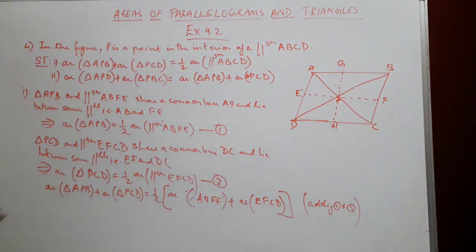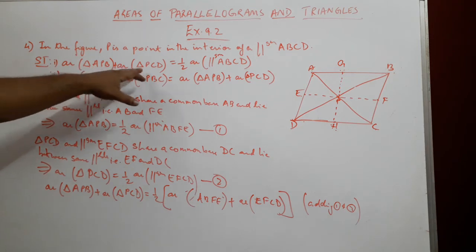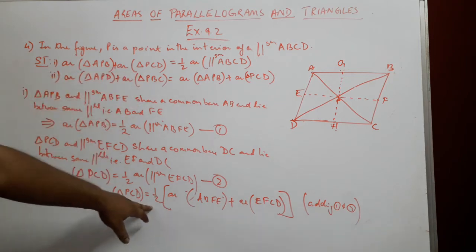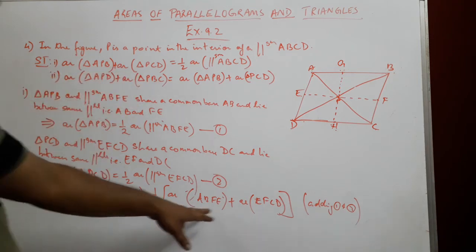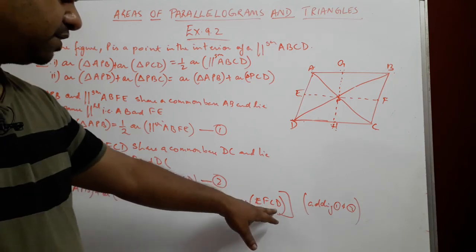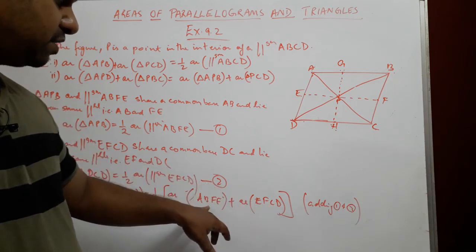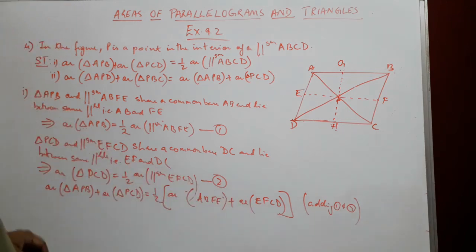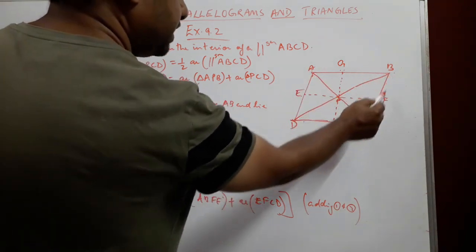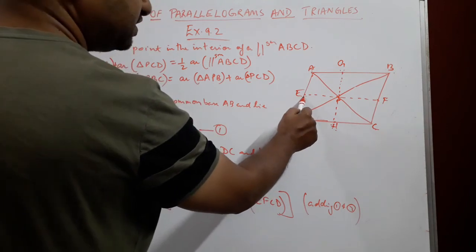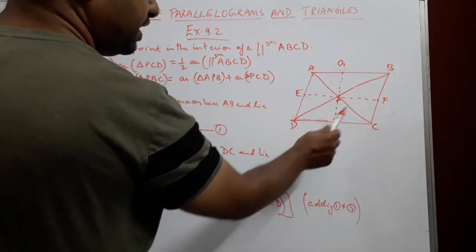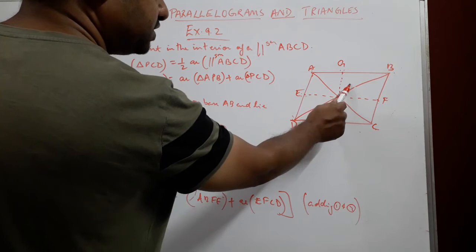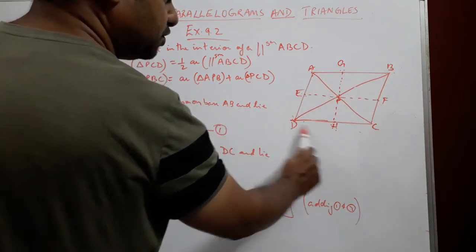So we have got the left side complete: area of triangle APB plus area of triangle PCD. On the right hand side, however, we've got area of parallelogram ABFE plus area of parallelogram EFCD. Where is ABFE? ABFE is here. And where is EFCD? EFCD is here. Add these two parallelograms and we get this entire parallelogram, right?